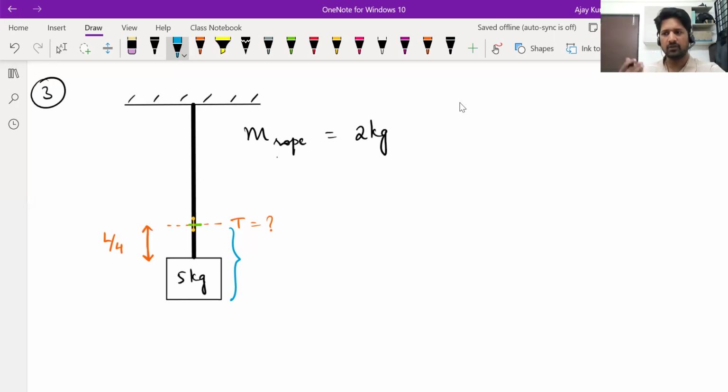If you ever have to calculate the magnitudes of tension and normal, you first have to think of what they are supporting or what they are balancing. Here, tension at that level is balancing the weight of the part which is below it. Below that level, this 5 kg block is there, and some part of the rope is there, not the entire rope. Can any of you tell me what the mass of this part of the rope will be?